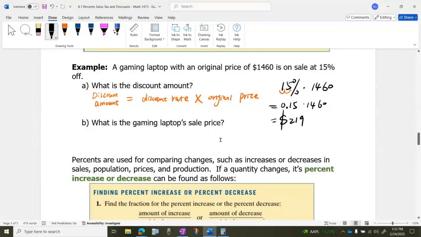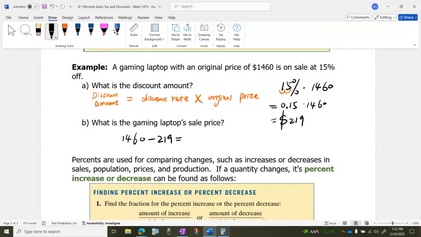Of course, what you really care about is how much you end up paying, right? Without talking about tax, you pay 219 less. So you subtract 219 from the original price, 1,460.